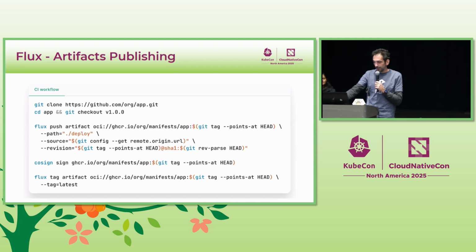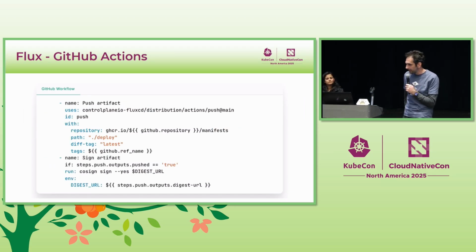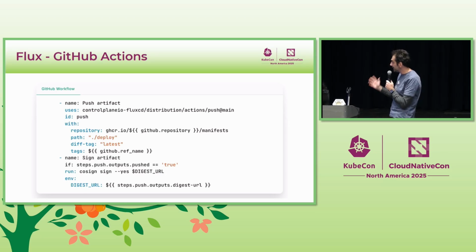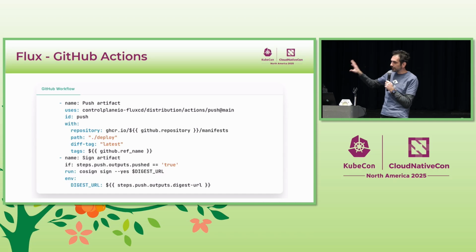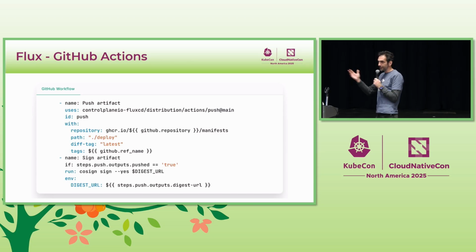And to see how it all works together, at ControlPlane we created a GitHub action that you can use today. It's called push, and it allows you to hook it to the git commit branch merge event.